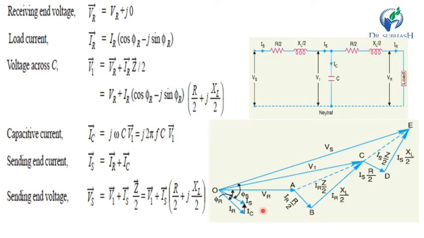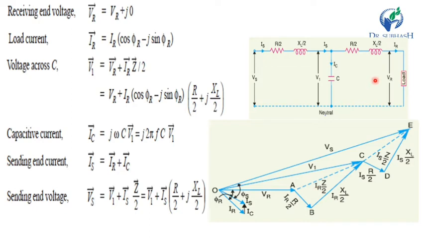We draw the line parallel to IR, which is the resistive drop, and at a 90 degree angle we draw the line which is the inductive drop. So IR into R by 2 and IR into XL by 2, we draw both lines. The resultant of both lines gives the value of IR into Z by 2, which is the total impedance drop. So first we draw IR into R by 2, then IR into XL by 2, and the resultant of this is IR into Z by 2.